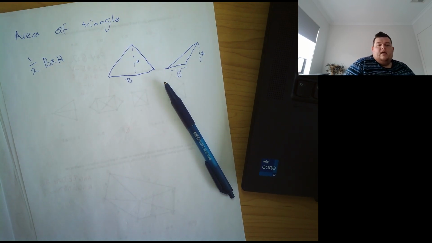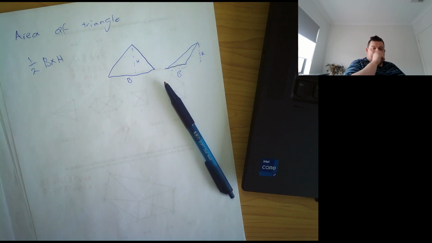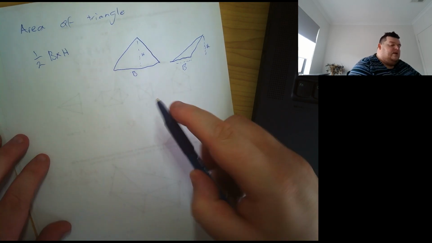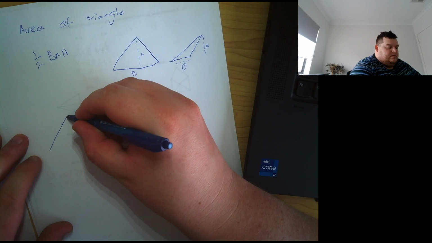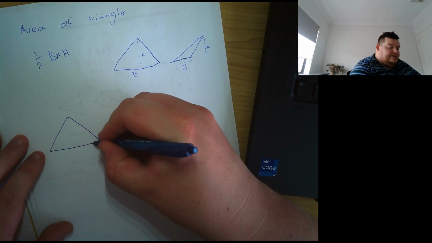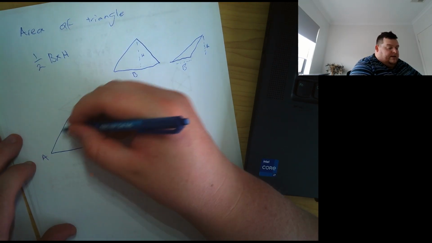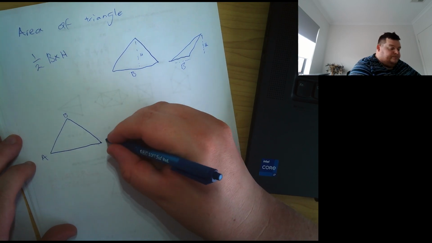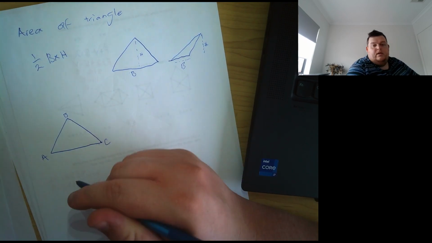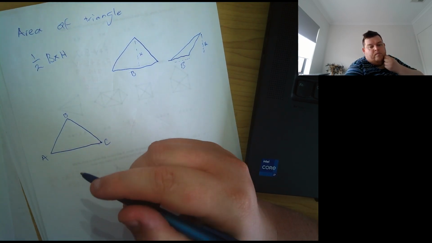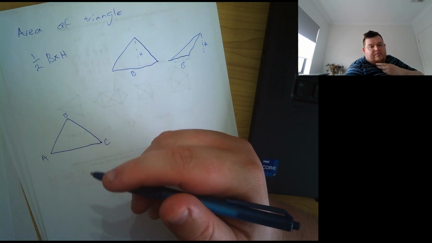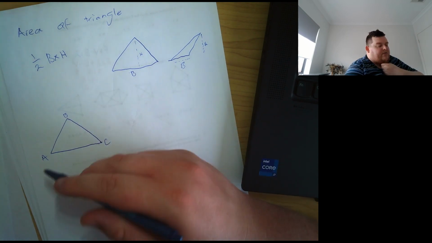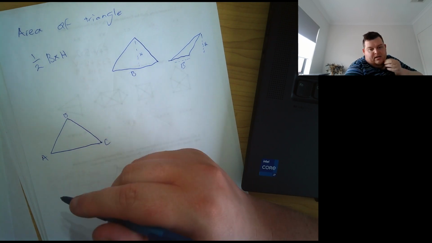If you don't have all the information that you need, say the base or the height, let's say you have a regular looking triangle like this, with our regular labels on it, you might not be able to solve for half base times height because you don't know the height.